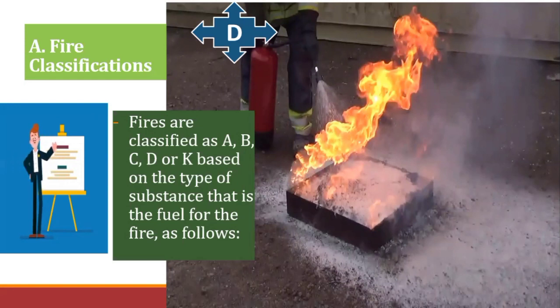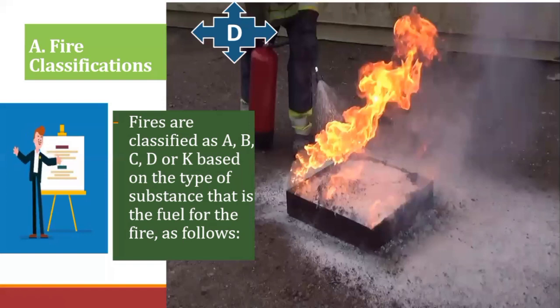Small metal fires can sometimes be smothered with dry sand. You can place sand there, but not water, because the water will mix with these metals and its temperature will increase as well. So the best way is to smother with dry sand.